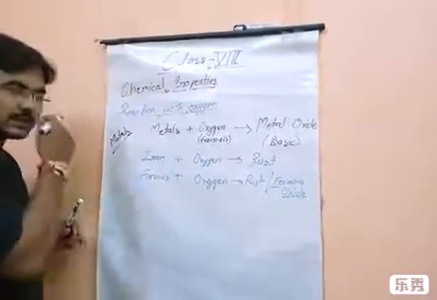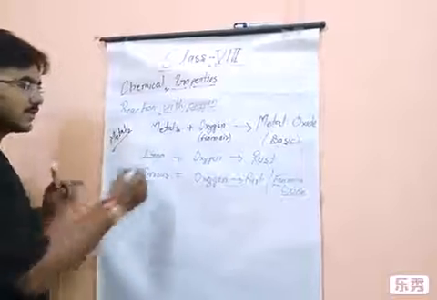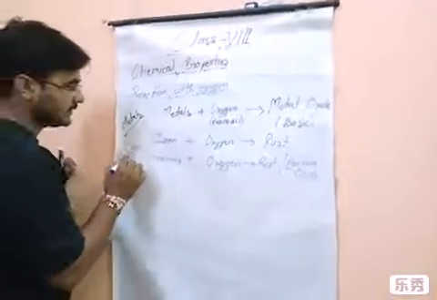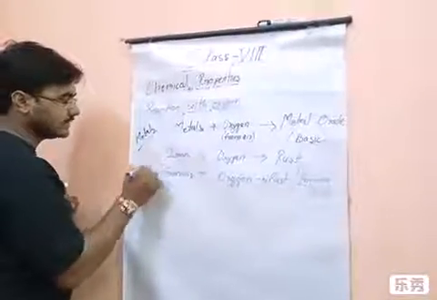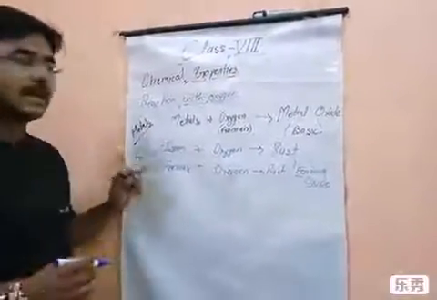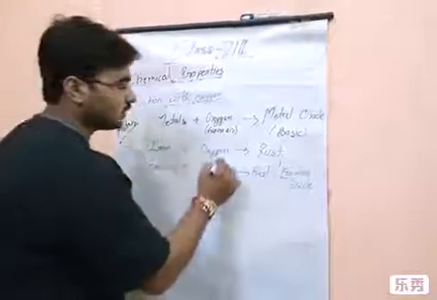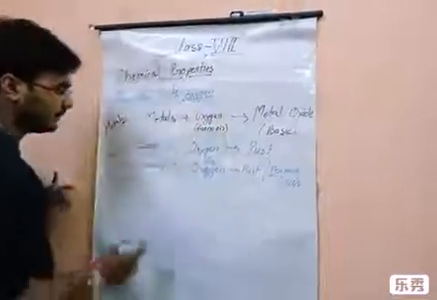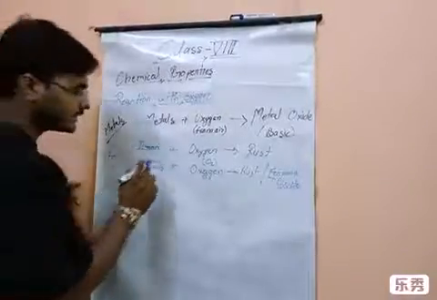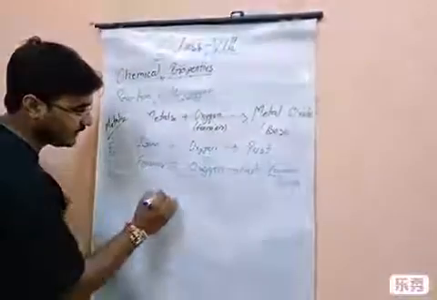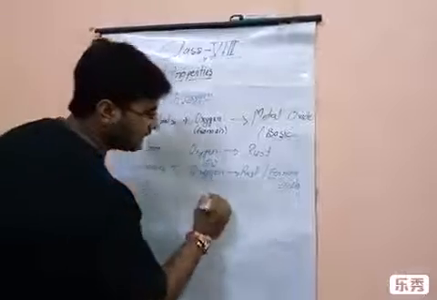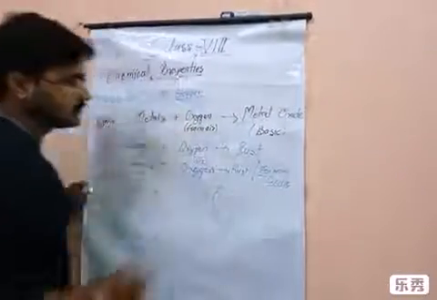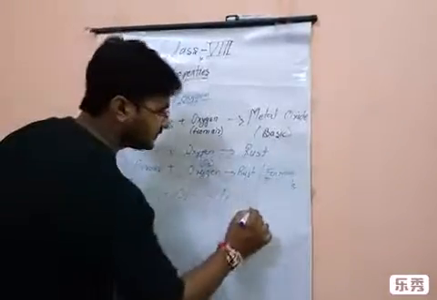Now what are the symbols? Symbolic representation: the chemical symbol for iron or ferrous is Fe. O2 is for oxygen, and rust is written as Fe2O3. So we write Fe plus O2 forms Fe2O3.